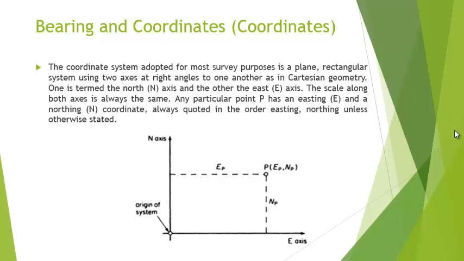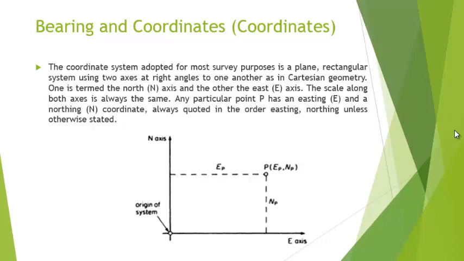The representation of the coordinates is in the form of a graph with two axes. The vertical axis represents the north, and the horizontal axis represents the east. Thus, if the point falls on the south part, the point will be below the horizontal axis, and if the point falls on the west part of the graph, the point will be on the left of the vertical axis, and the scale along both axes is always the same.